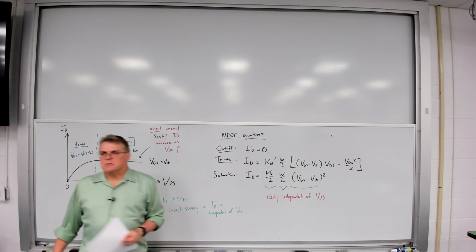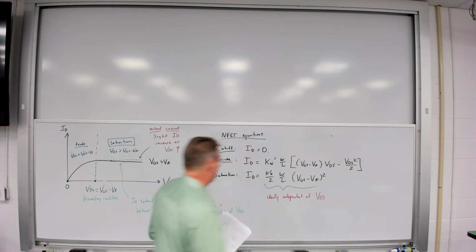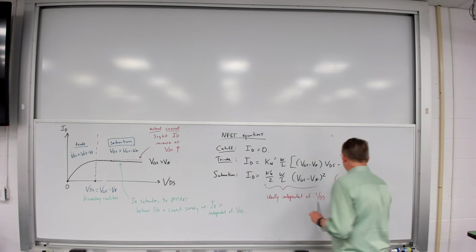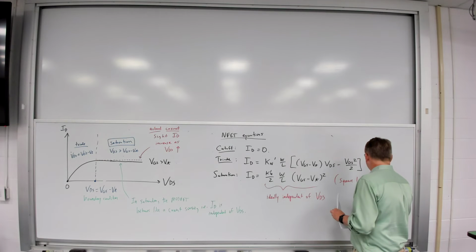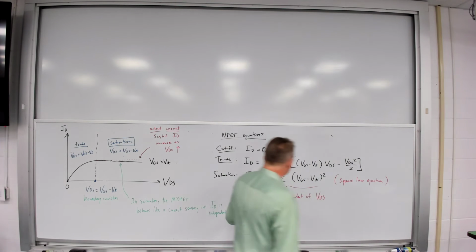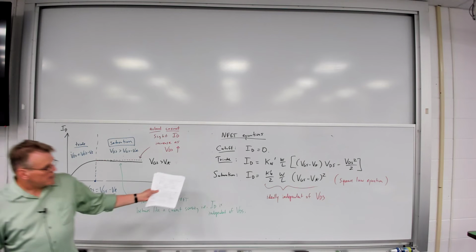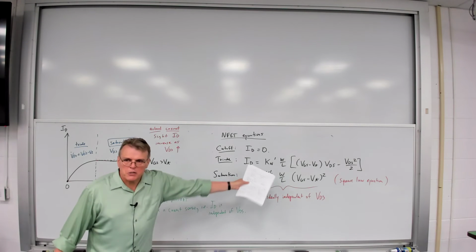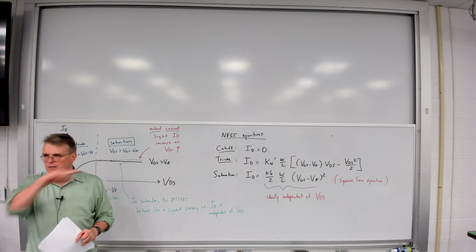This equation you'll see in the books is called the square law equation. And if you were taking a semiconductor physics course from Dr. Reed or from Dr. Shrimp, you would actually, from the first order physics equations, learn how to derive that equation.